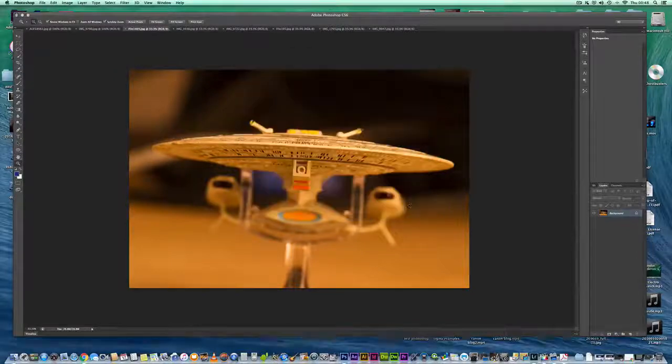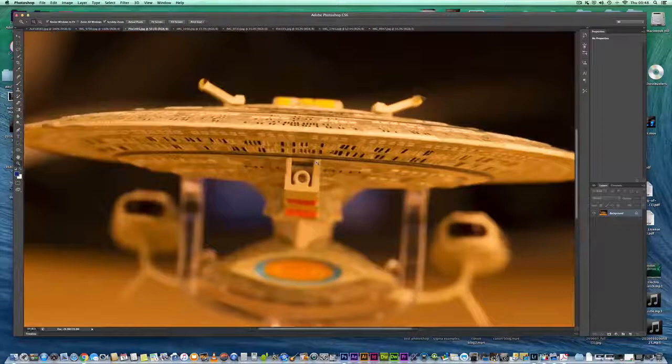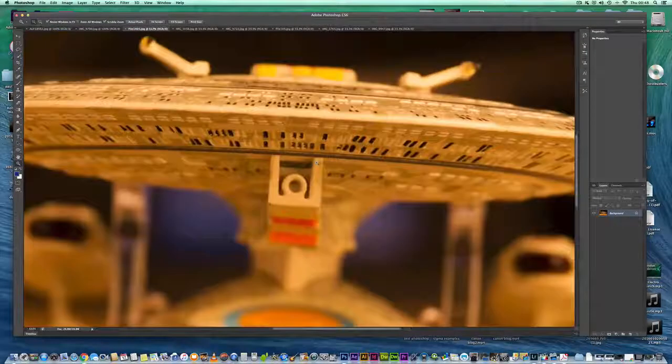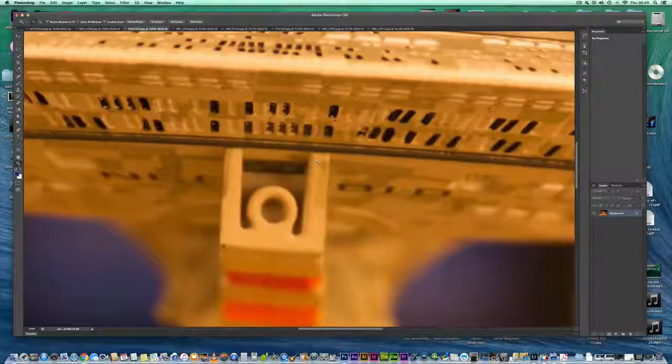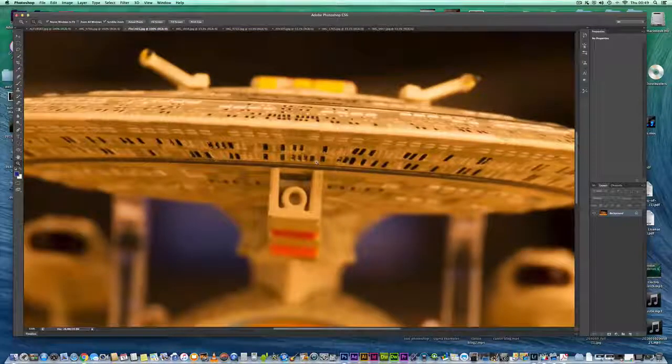So let us zoom in. 50%. 100%. 200%. But at that point we can see some pixels there. But if we zoom out to 100%, it looks pretty good.